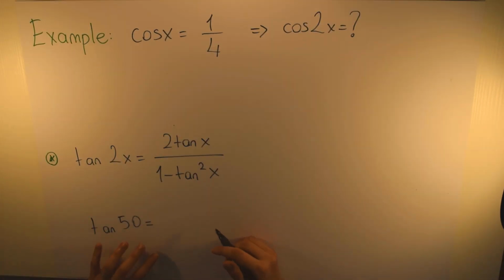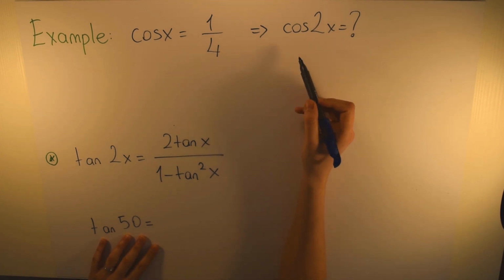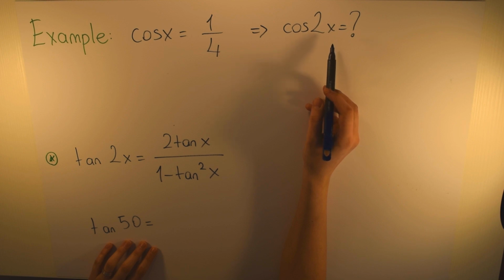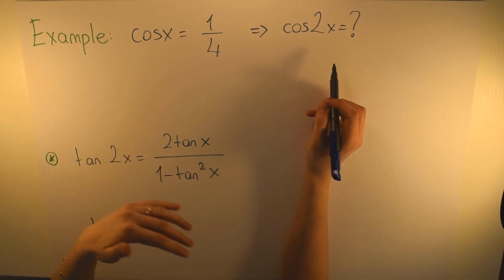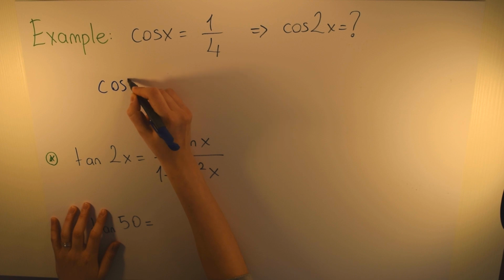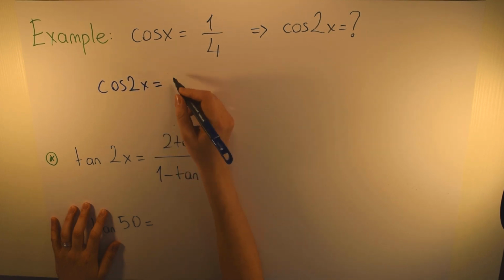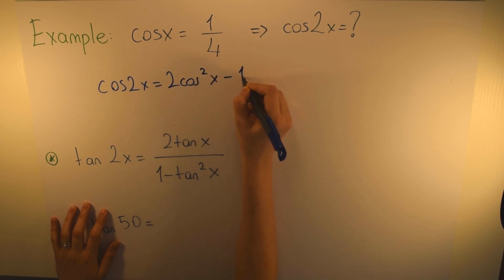Let's continue with this example. Here we have cosine x is equal to 1 over 4. So what is the value of cosine 2x? Since we know the value of cosine x, we will use the formula which is with the cosine x. How was it? It was cosine 2x is equal to 2 cosine square x minus 1.